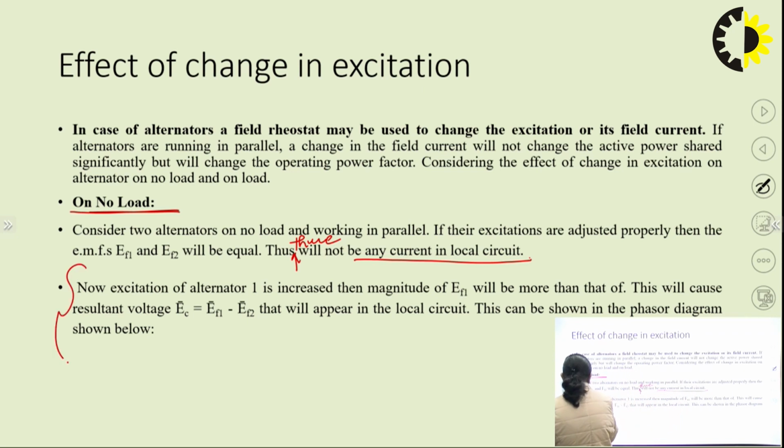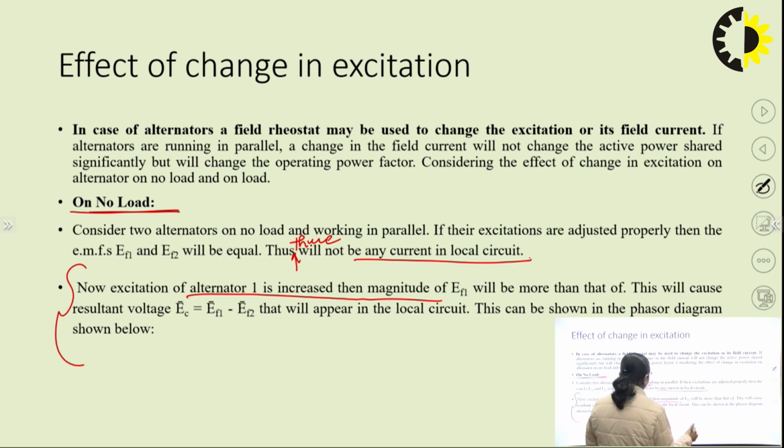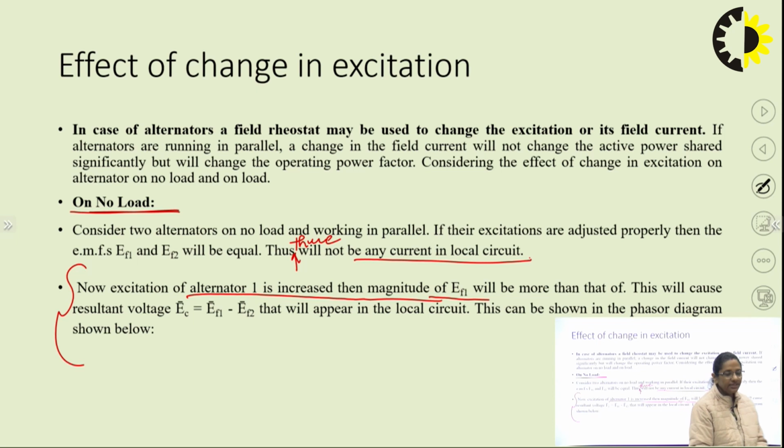Now, suppose the excitation of alternator 1 is increased. I will show you the phasor diagram for the same condition in the next slide. Just keep it in mind that we are going to increase the excitation of alternator 1 so that there is an increment in the induced voltage of alternator 1, and the induced voltage now becomes EF1. The induced voltage EF1 will now be more than its previous value.